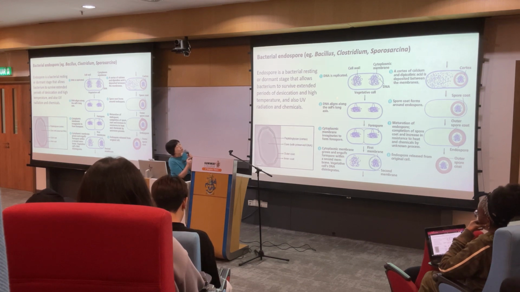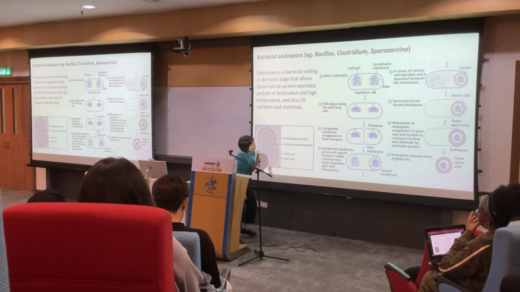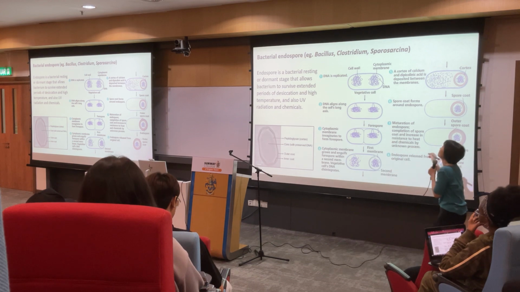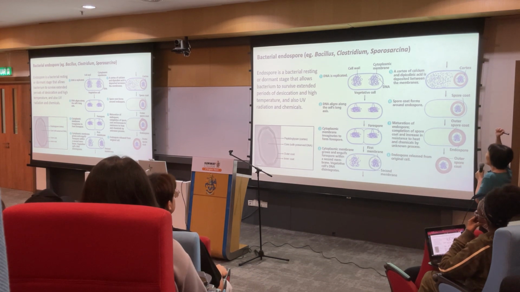Now, let's talk about how they actually make the endospore, step by step. This is called vegetative cells, just normal bacterial cells. We only call it vegetative cells when the cells are going to produce the endospore.